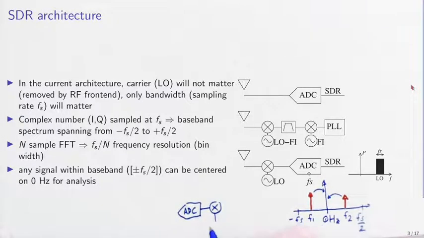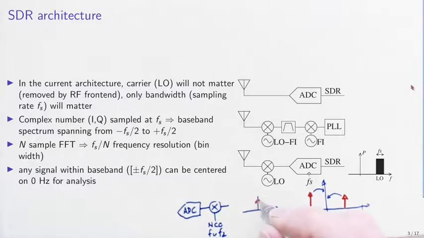This is called a numerically controlled oscillator, an NCO, at frequency F1 or F2, and this output signal will be centered on 0 Hz. So this will bring the signal from F1 or F2 centered on 0 Hz, and this signal can be analyzed to extract its information content.